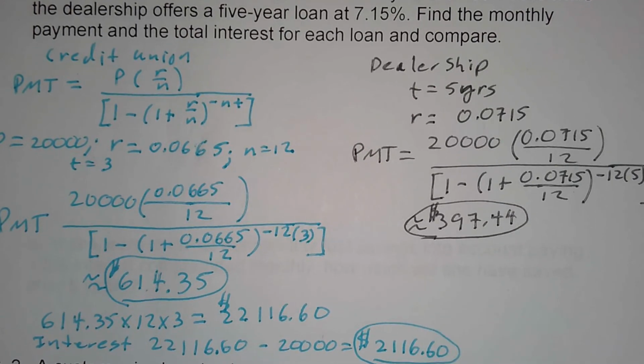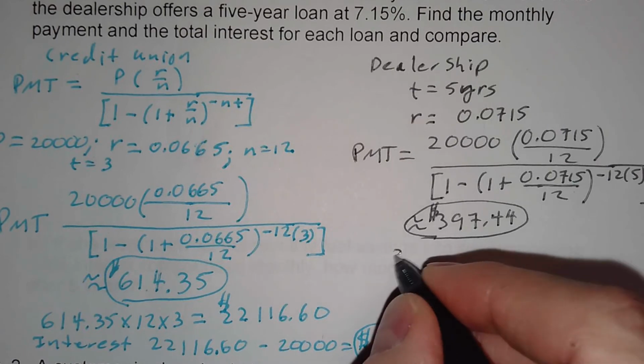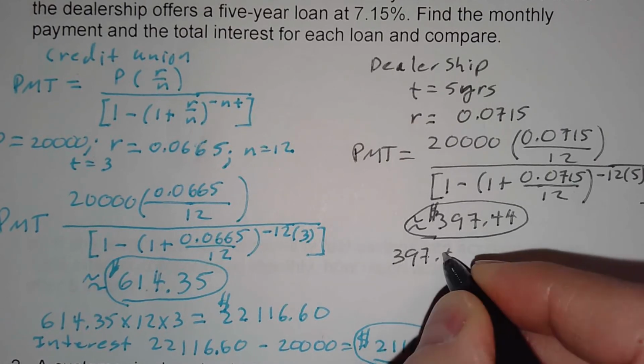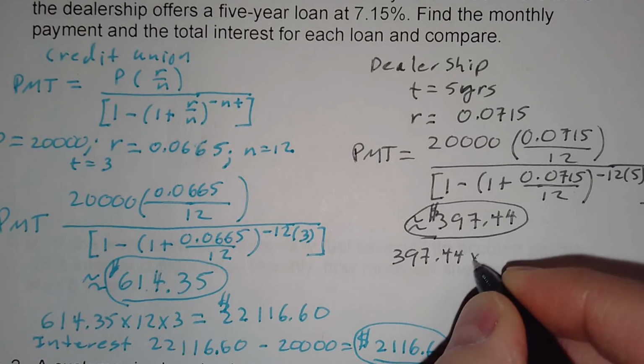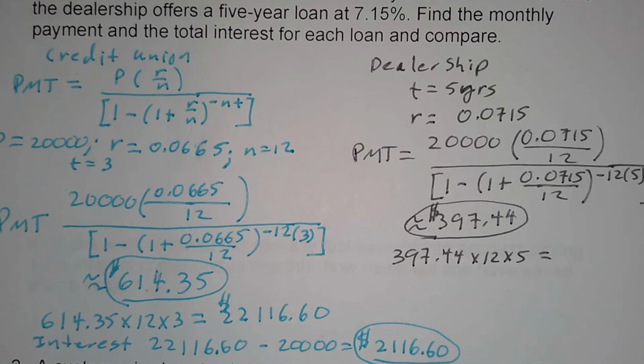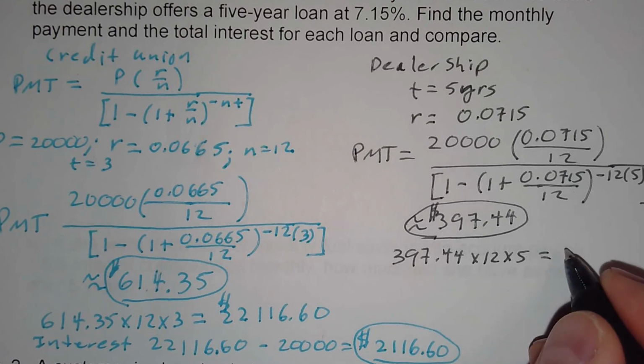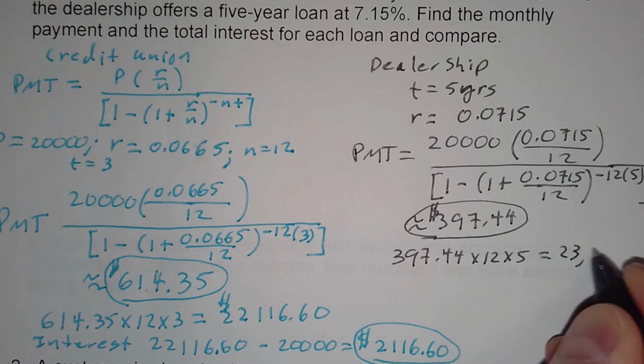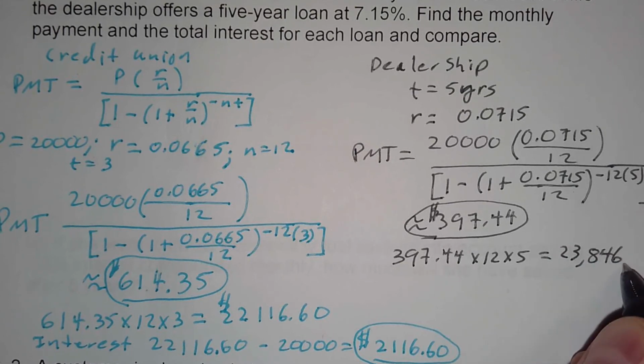So now we're doing that for 5 years. And so that would give us $23,846.45 if we round it.